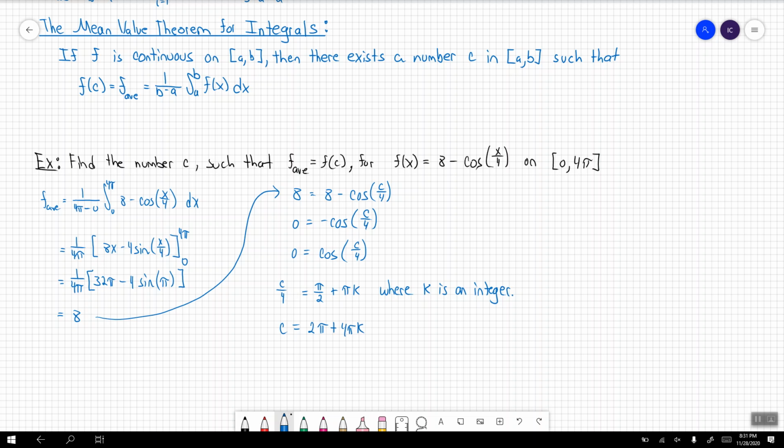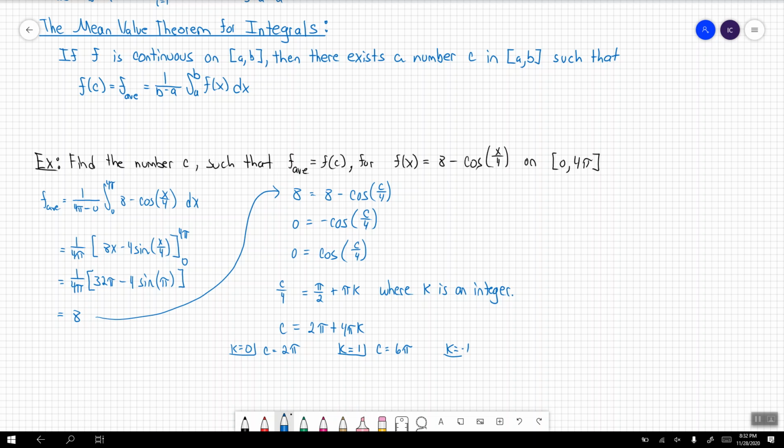So let's pick k values. If k is equal to 0, then we naturally get that c is equal to 2 pi. If k is equal to 1, then we get 4 pi plus 2 pi, which is 6 pi. Notice that's outside of our interval bounds, so k cannot be anything greater than 1, because anything greater than 1 would just keep adding 4 pi to that.